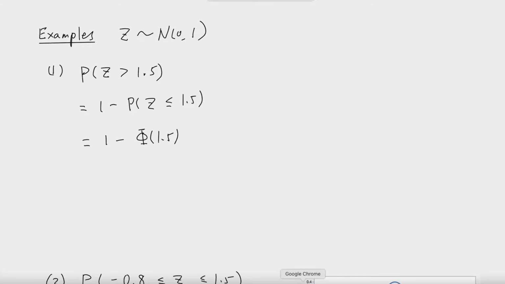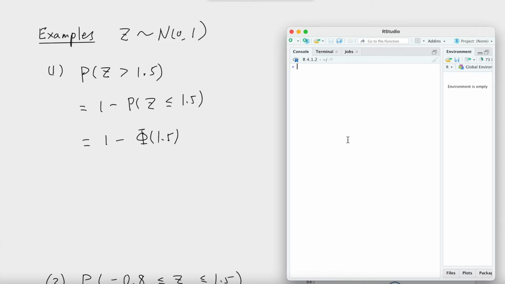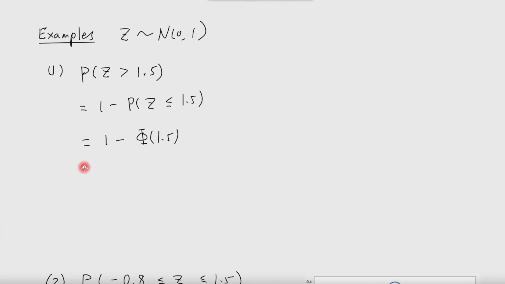First let's open R. We can use the pnorm function, so this is 1 minus pnorm of 1.5. Again, we use the function pnorm here in R to calculate the function Phi. This is equal to 0.067 roughly.